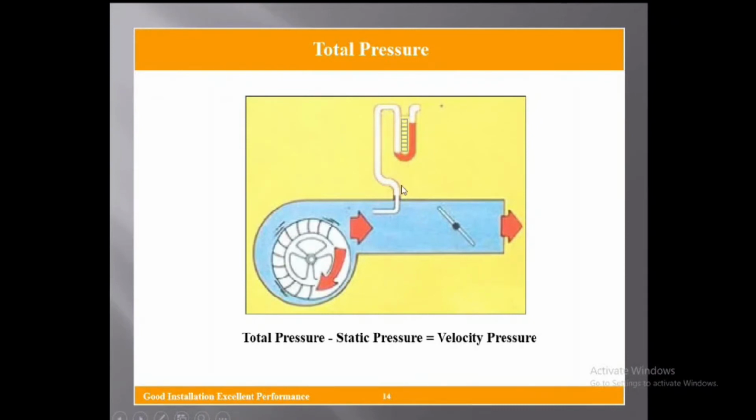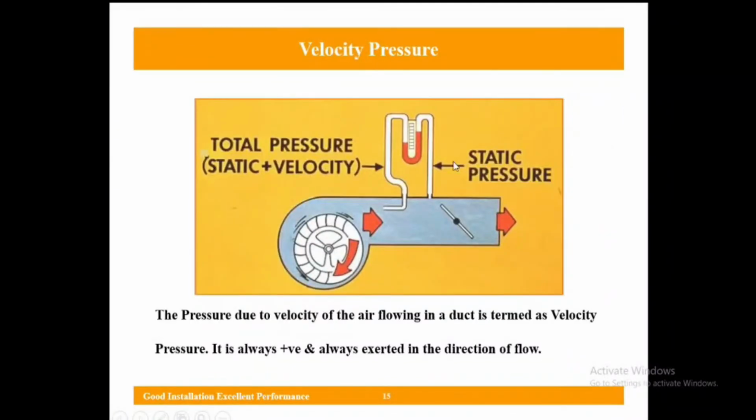Now total pressure minus static pressure gives you velocity pressure, as I have told. This is how total pressure and static pressure are measured. When you subtract both, you get velocity pressure, but in general you will not do it like that. Software will show you all the pressure values. You have to find only static pressure. You have to calculate it.